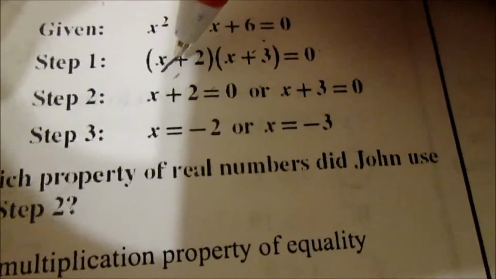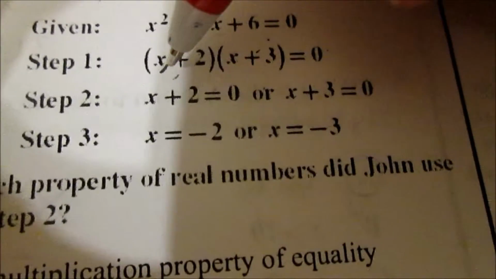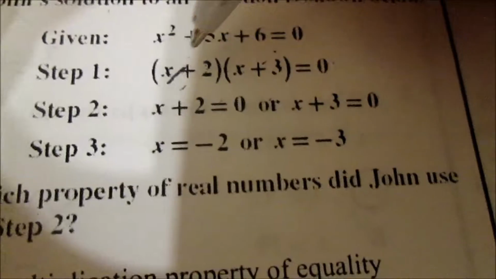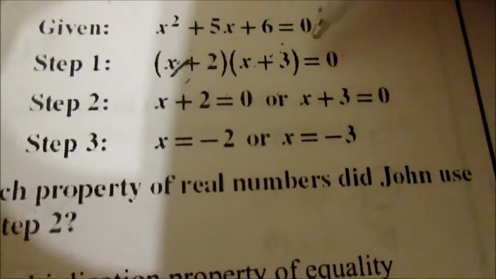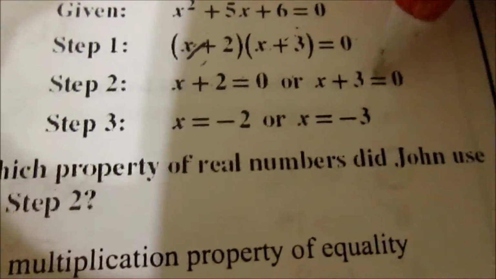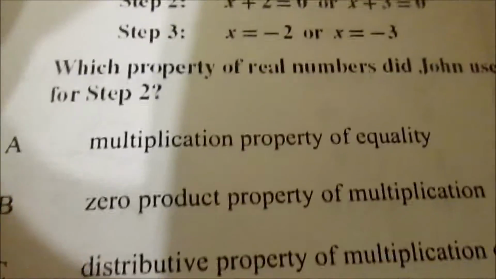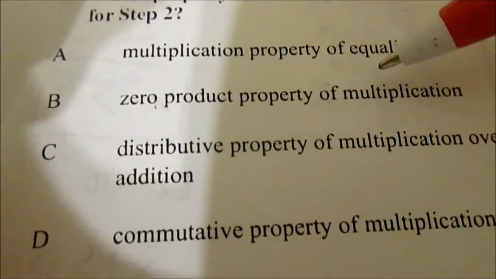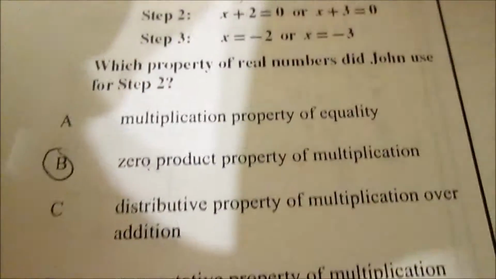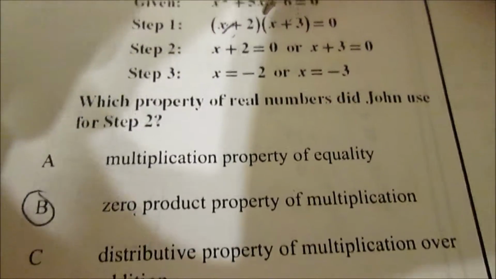The reason they're factored is so you can isolate x and find out what it's equal to. So to get there, you have to set each one of these parts, x plus 2 and x plus 3, equal to 0. x plus 2 equals 0 here, and x plus 3 is 0 there. So the property that is there: zero product property of multiplication. One of the factors, or even both of them, have to be equal to 0.